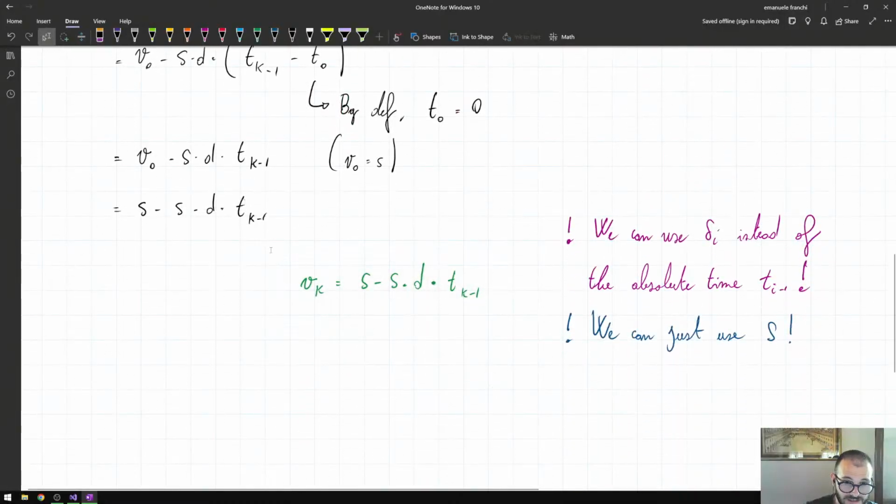And why is this important? Why did we get into this rabbit hole? The thing is that I just wanted to plot this function.